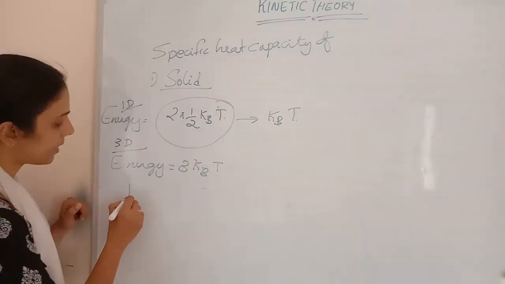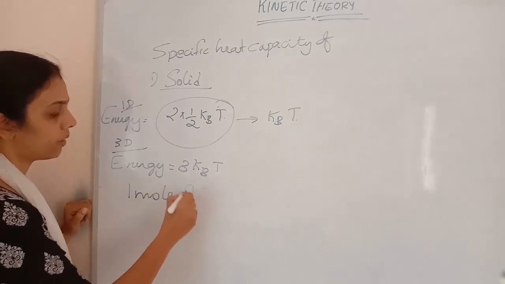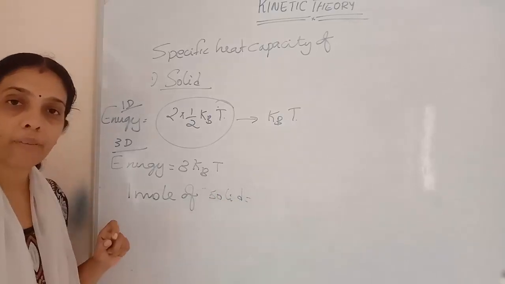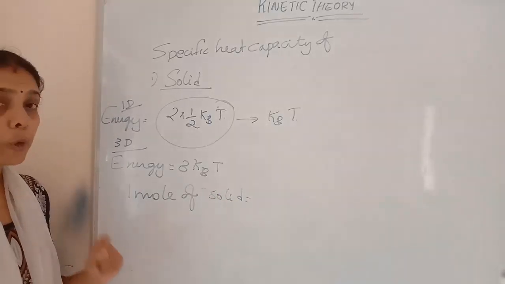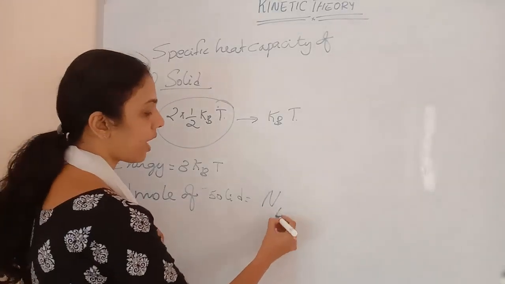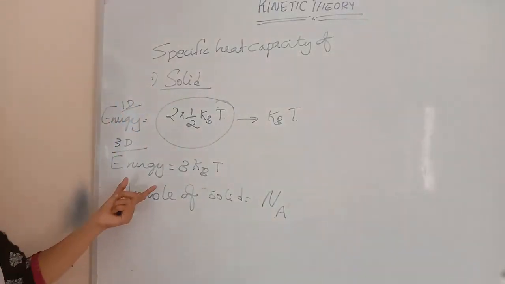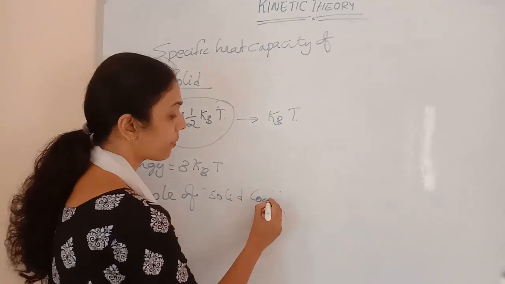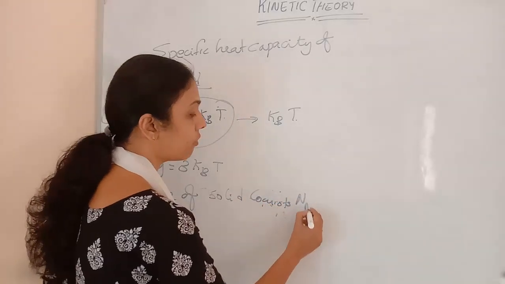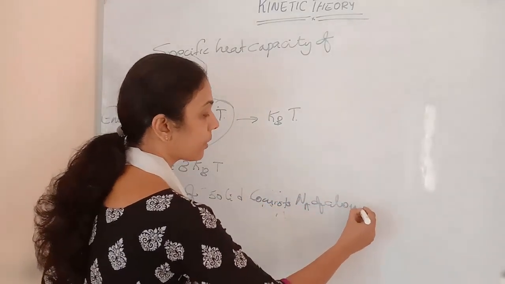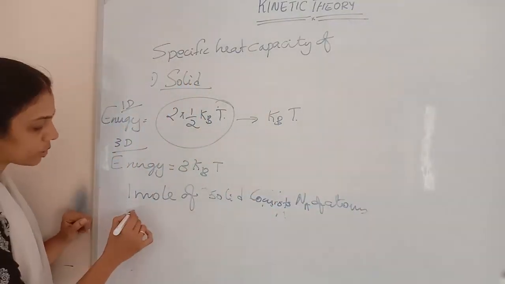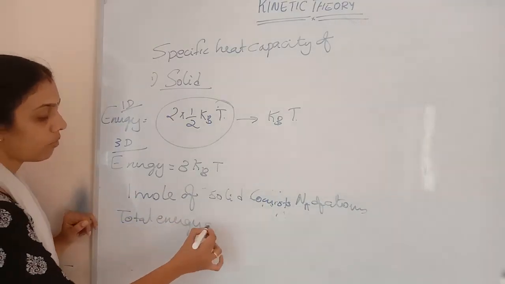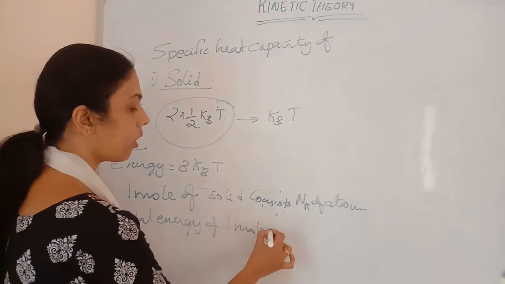If I am considering 1 mole of solid, how many atoms will it have? Avogadro number of atoms will be there. So what will be the total energy of 1 mole of solid?